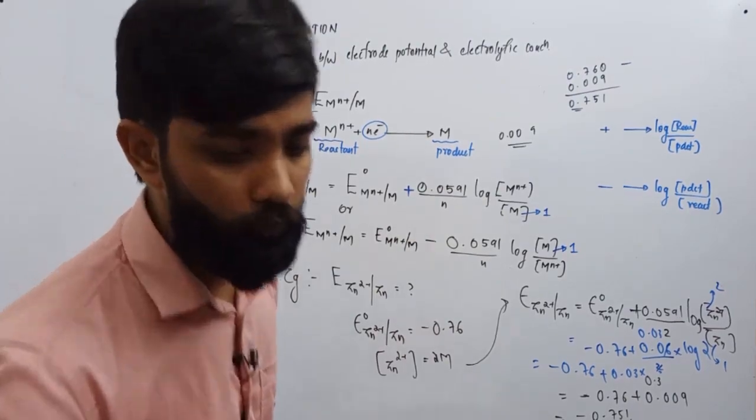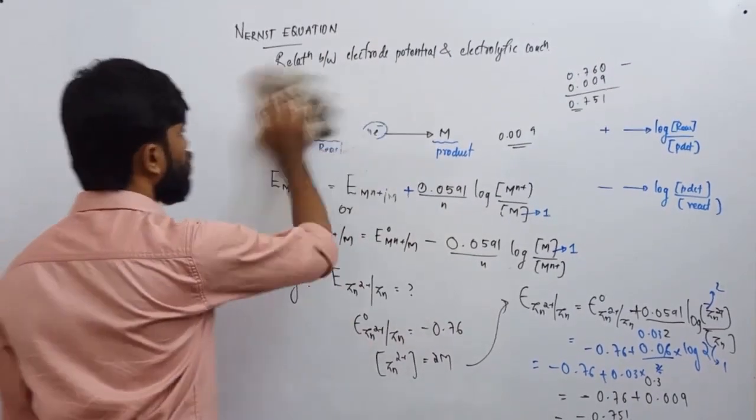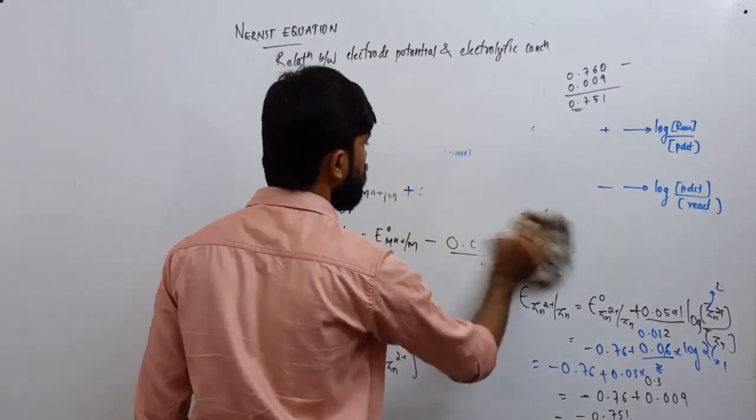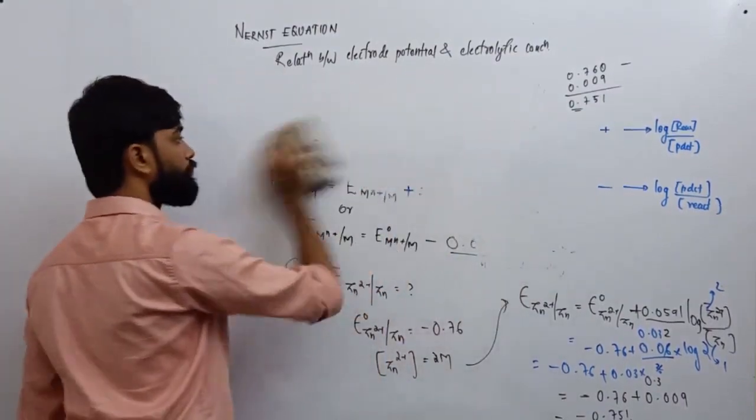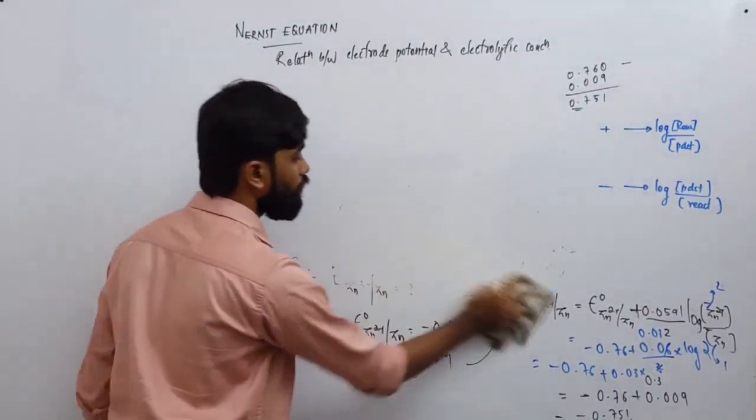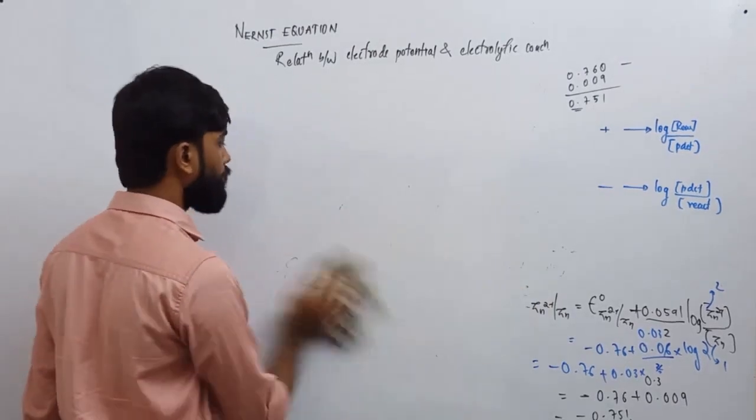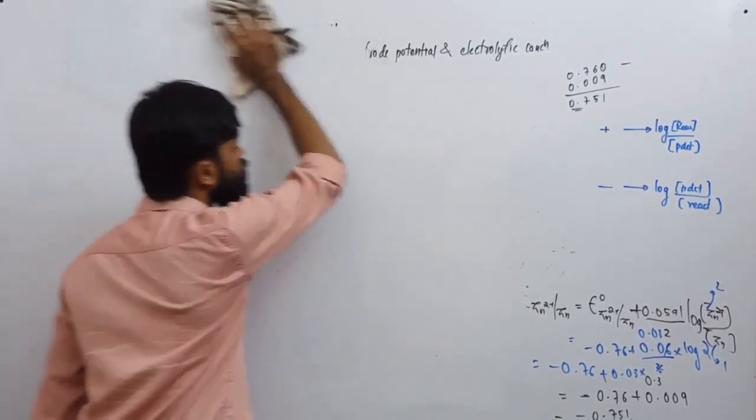So you have to know the values of log for this one. I think you are familiar with the values of logarithm. Okay, I'll give you the values. Minimum you have to study this much.